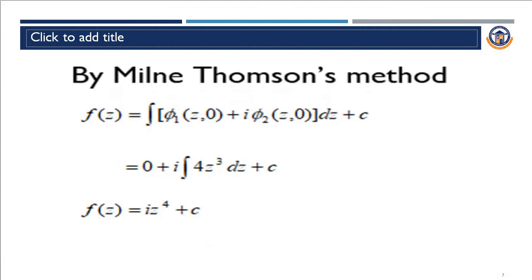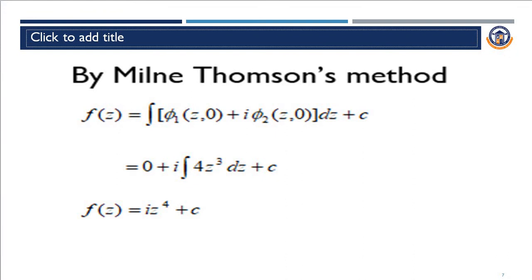Substitute those values here. So the first term will be 0 plus i into integral of 4z cube dz plus c. Finally we get i into integral 4z cube dz plus c.